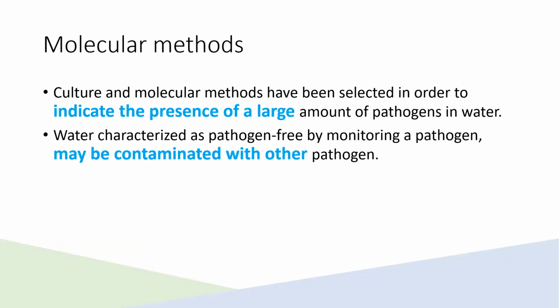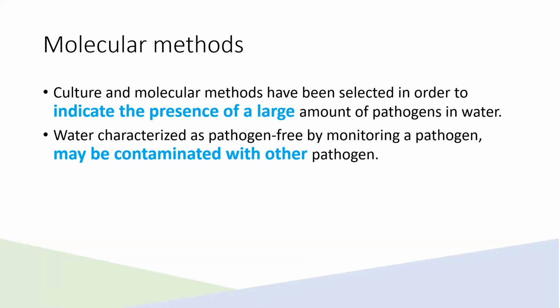Now, this is the molecular method. It can also be used, and it's very sensitive. So if the population of the pathogen in your sample is low, it doesn't matter, because this molecular method is very sensitive.